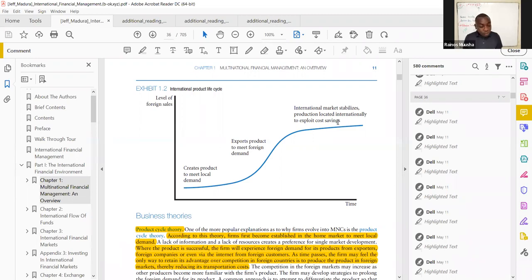In a way, you're trying to cut down on production and transportation costs. So this is basically what they look at when you look at product life cycle theory. Is there any question regarding the product cycle theory? Any question?